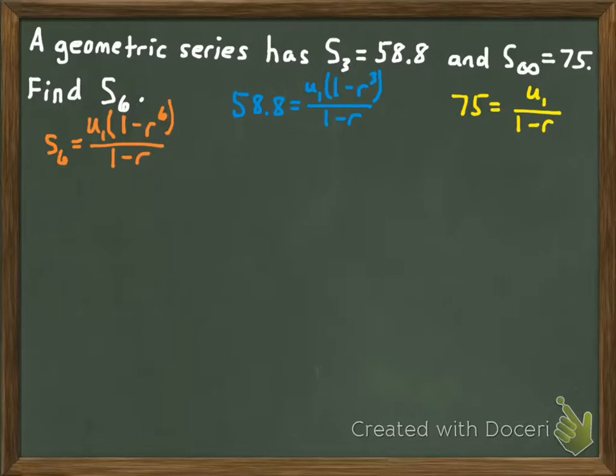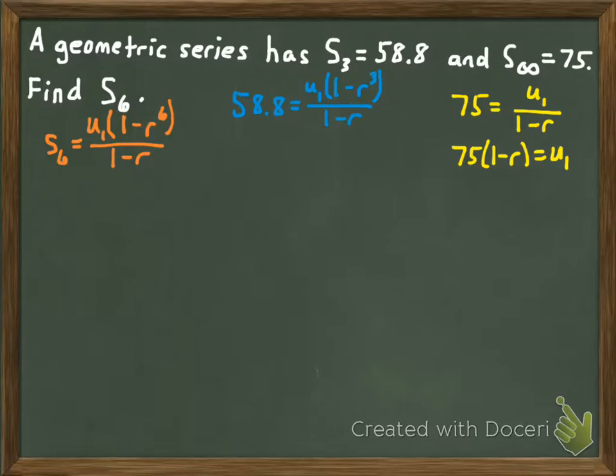In this case, it's going to work out pretty simply if we just get u sub 1 by itself in this equation where the sum was to infinity, being the nicer equation. Let's multiply both sides by 1 minus r, and this time I'm not going to distribute, and you'll see why in a moment. It's going to work out really nicely that I don't distribute. So u sub 1 is equal to 75 times 1 minus r.